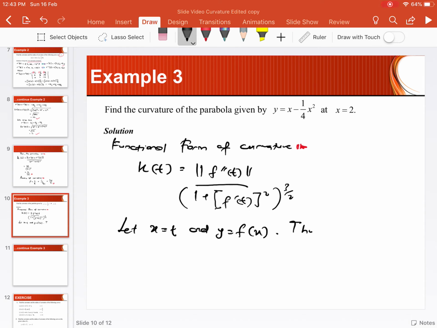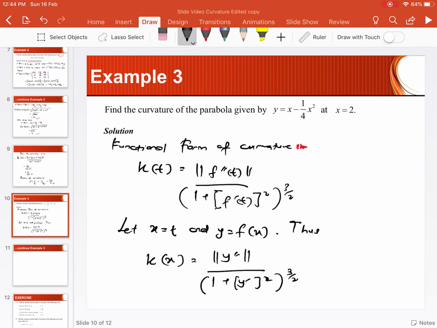Thus, this formula can be rewritten as y double prime over 1 plus y prime squared to the power of 3 over 2.